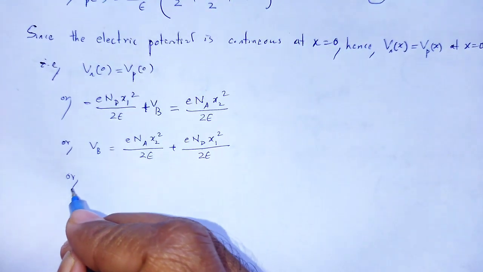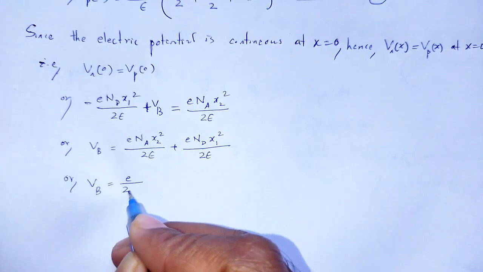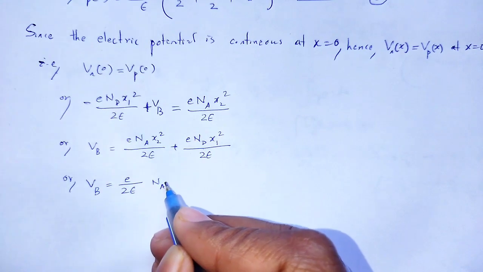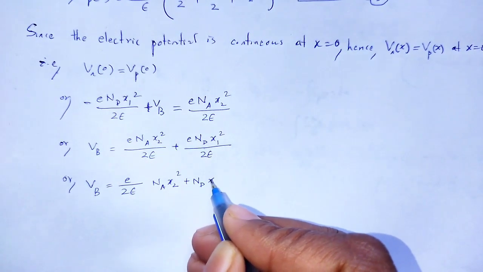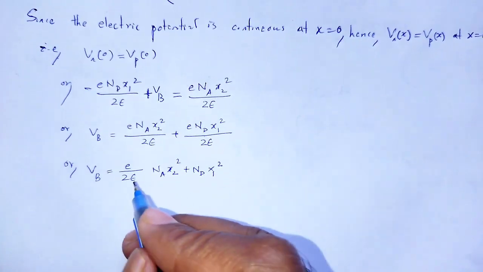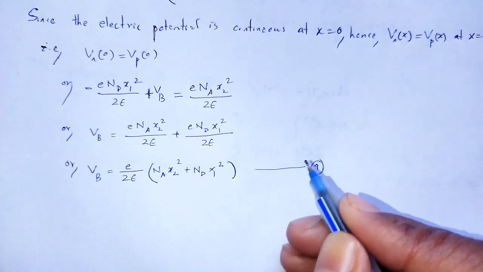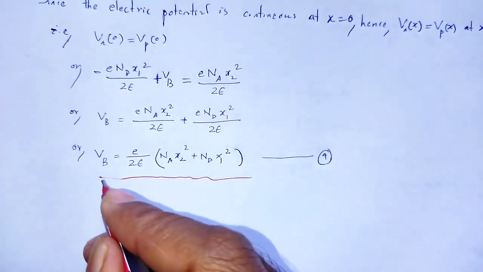Now, taking E divided by 2 epsilon as common, Na x2 square plus Nd x1 square in the bracket term, that will be the required expression for barrier potential.